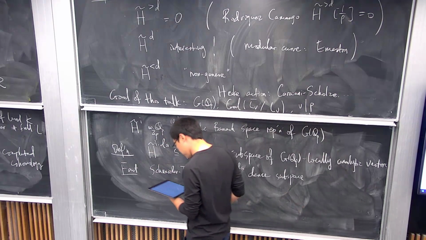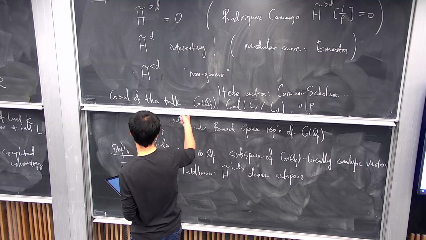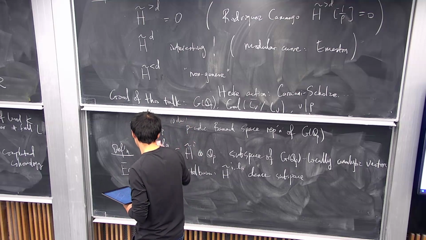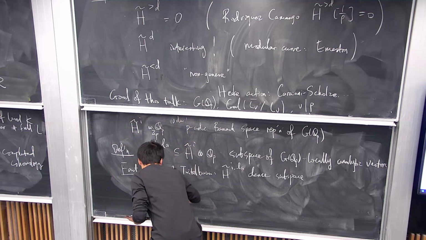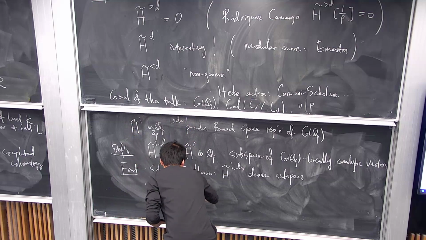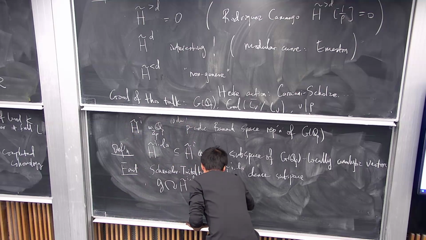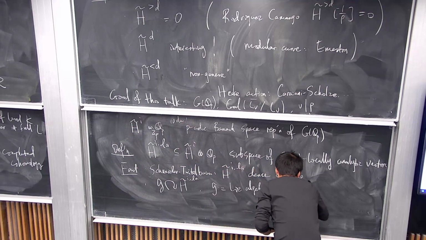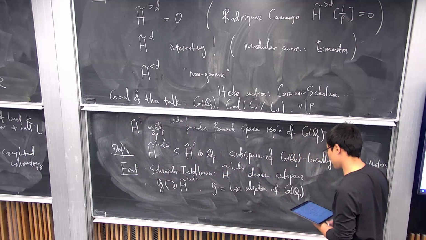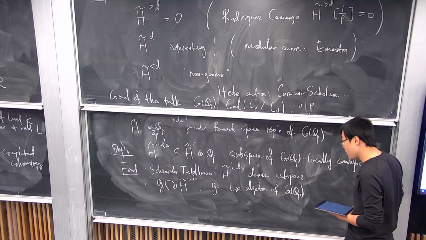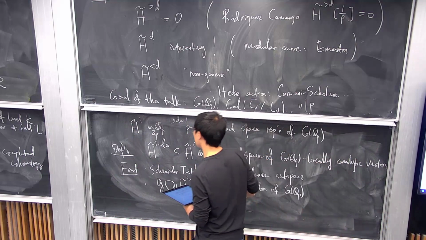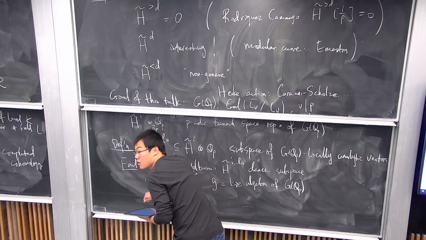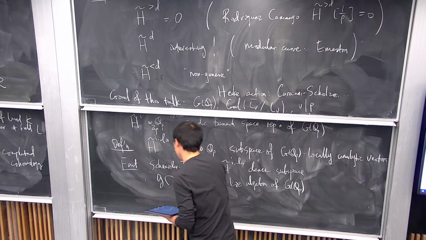The second thing I want to mention is that, as I say, we want to talk about weights, and on this subspace you have the action of the Lie algebra, the Lie algebra of G_{Q_p}. And now to talk about weights, we can just consider the infinitesimal character.